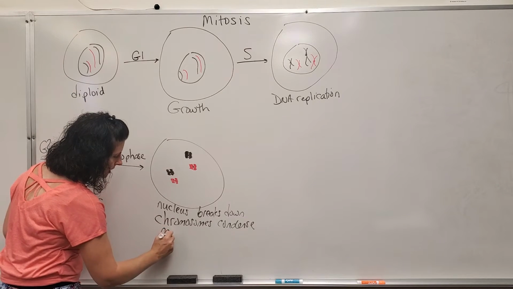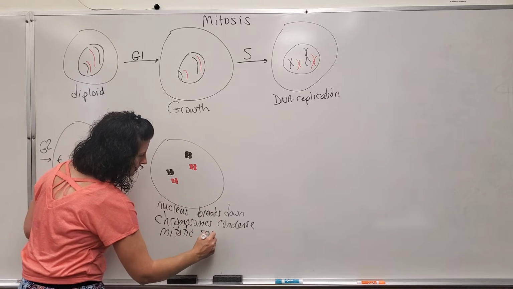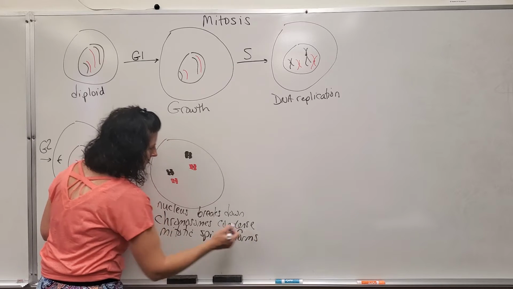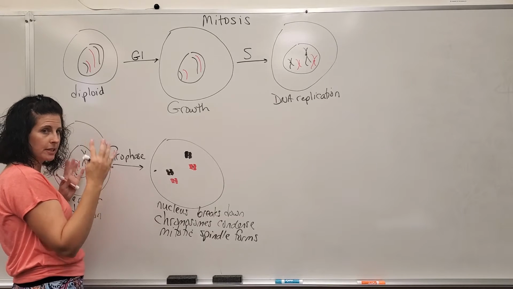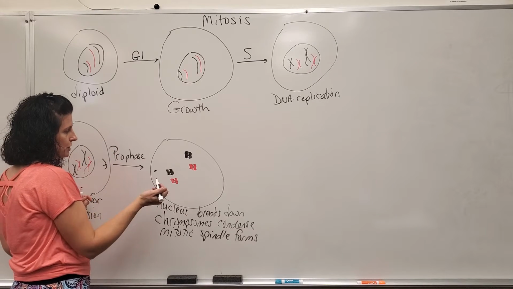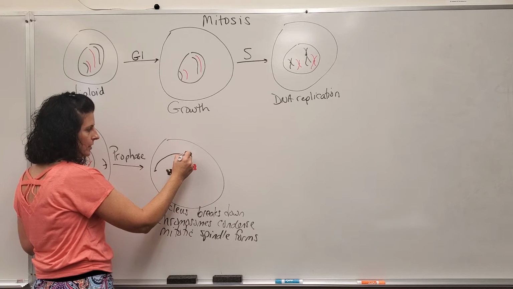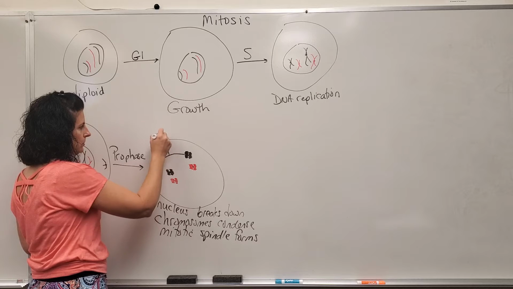And then the mitotic spindle forms. And that's where these centrosomes that were created and separated during G2, the microtubules grow and they attach to sister chromatids.